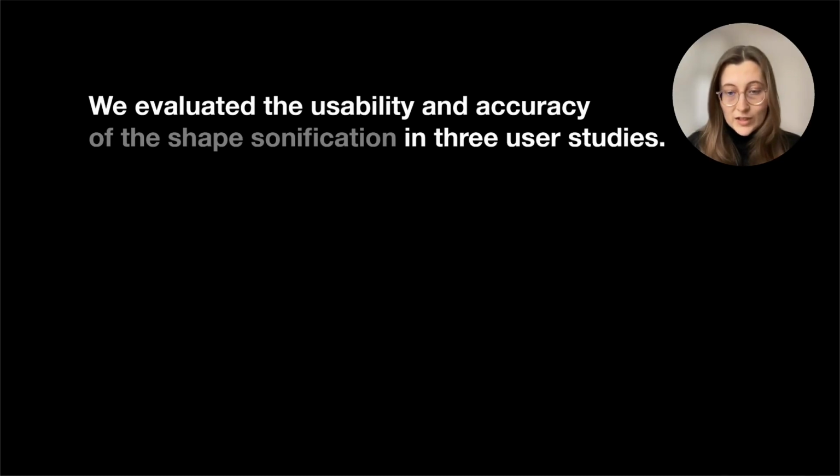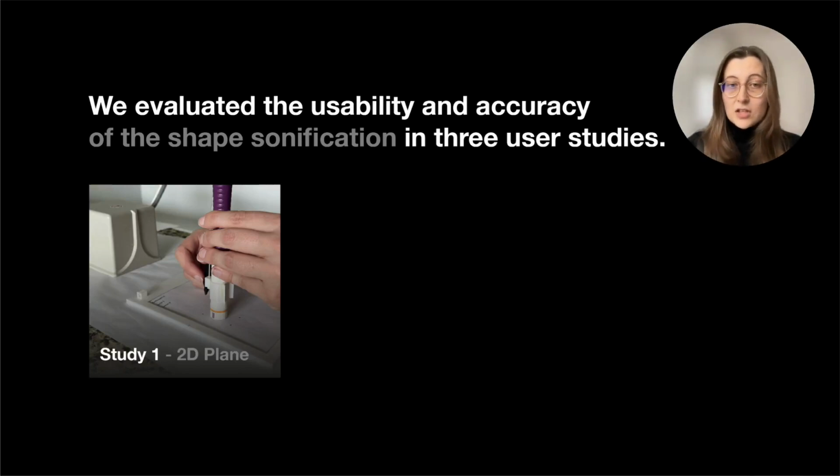We also evaluated the usability and accuracy of our concept in 3 user studies. In the first study, we compared 3 sonifications in an abstracted 2D setup with 12 participants. We did this in this abstracted way to determine whether users can actually precisely locate and mark shapes using sonification.